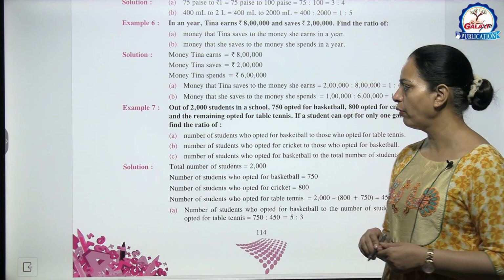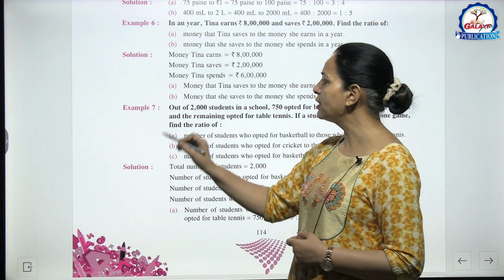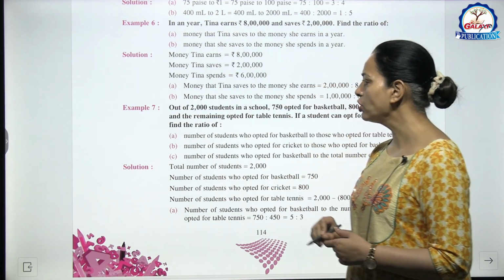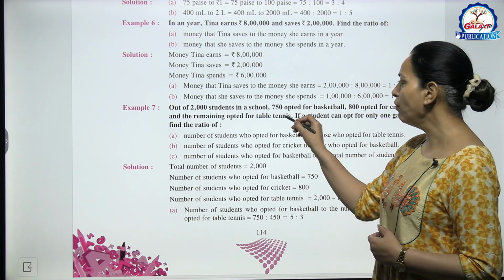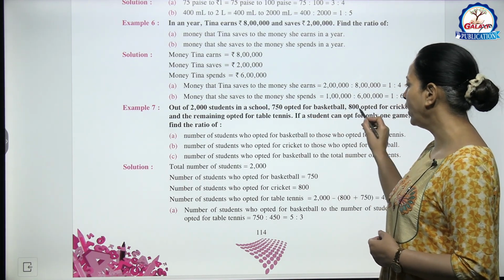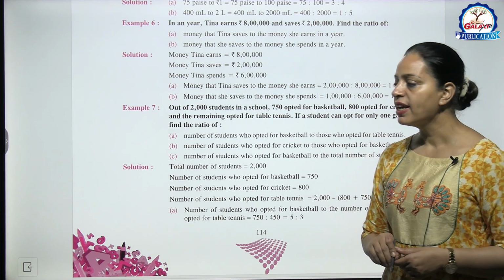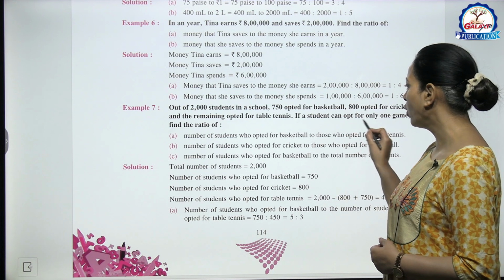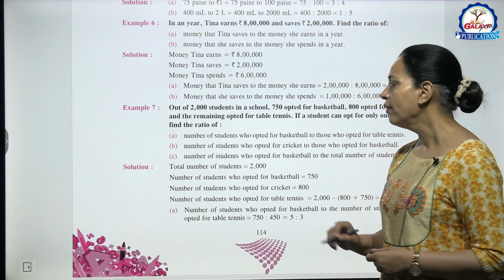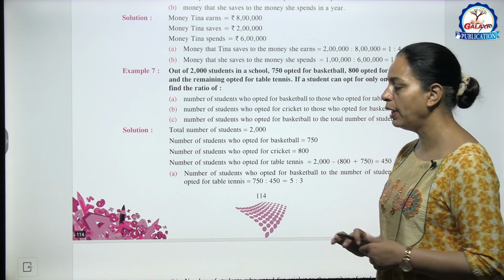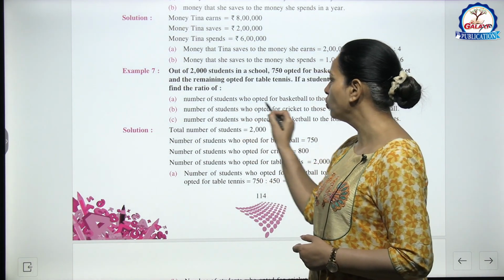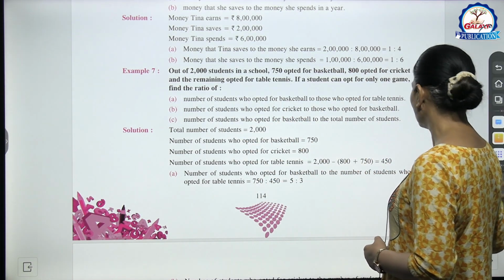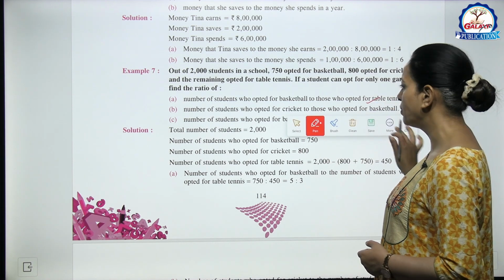Now the next example 7, out of 2000 students in a school, 750 opted for basketball, 800 opted for cricket and the remaining opted for table tennis. If a student can opt for only one game, then find the ratio of A part, number of students who opted for basketball to those who opted for table tennis.